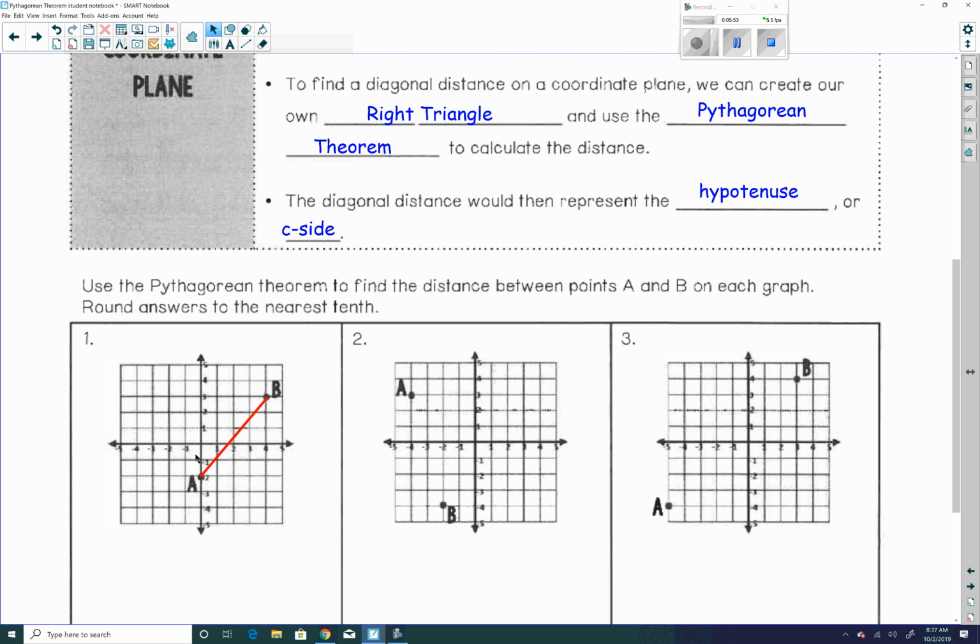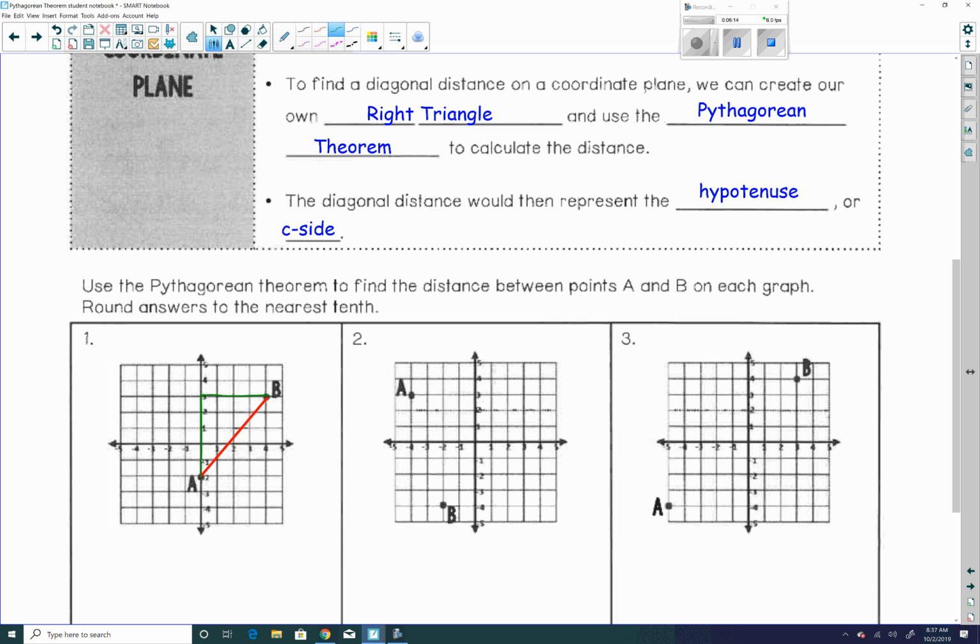Okay, so to find the distance between A and B, I need to create my triangle. So I'm going to go from A up however many blocks I need to travel before I turn right and then get to B. So now I can count some units.